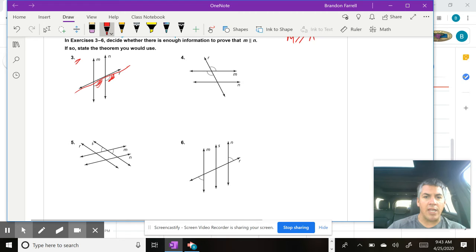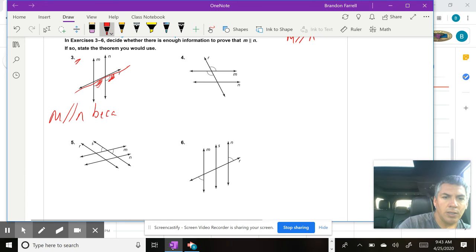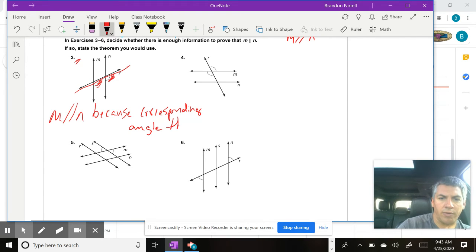So I would say that M is parallel to N, and I would use the corresponding angle theorem. And that's a pretty low level proof, just basically stating a justification for why you think that M is parallel to N in that particular case.